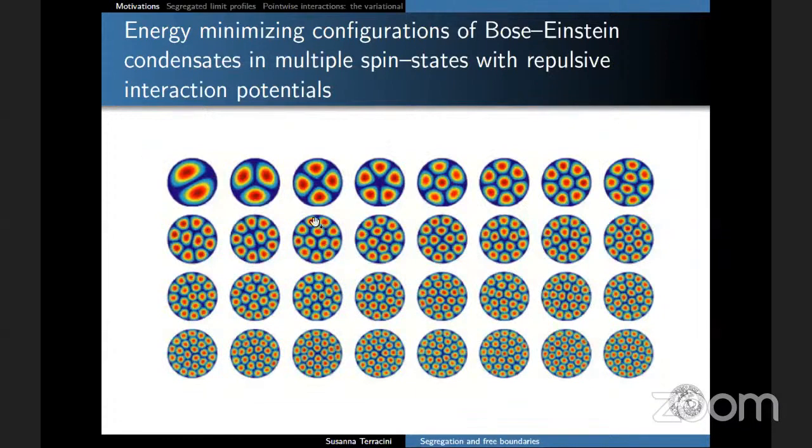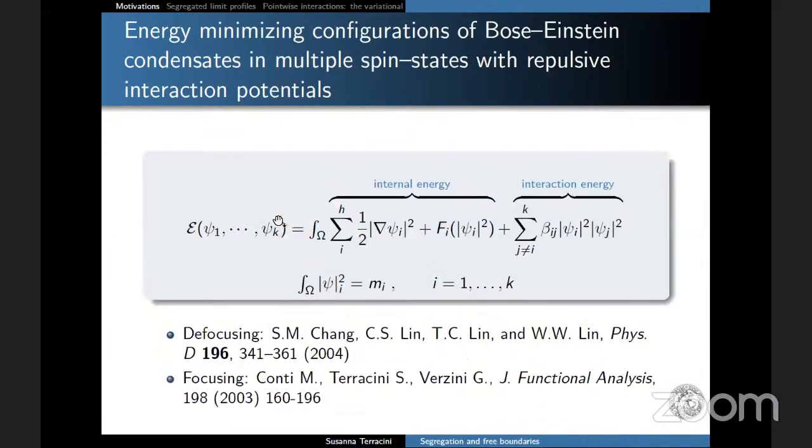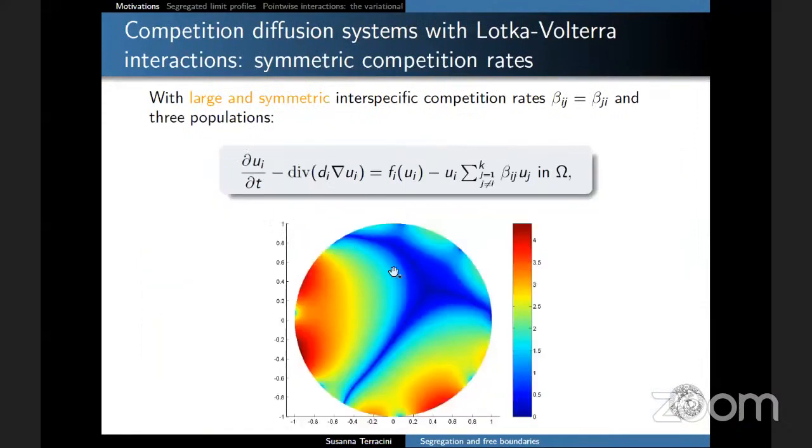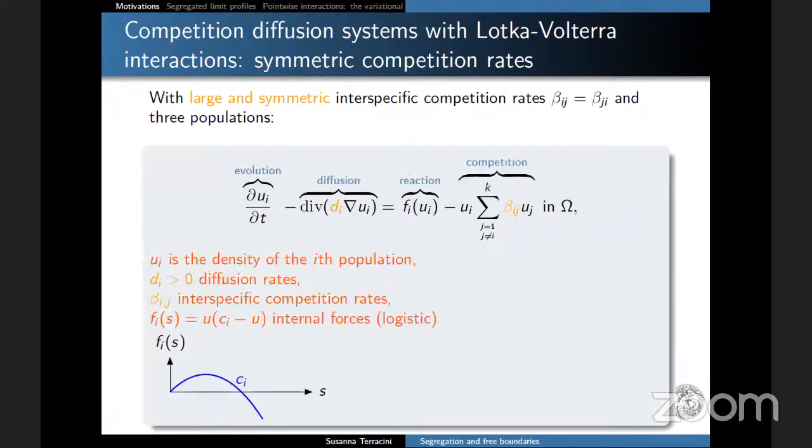In that case, one sees that again, sorry, I didn't discuss the first picture. The first picture is a joint plot of the level sets of the densities u_1, u_2, u_3, and because these competition rates are very large, one sees the creation of an interface, which are the blue lines here, and the structure, the geometry of this interface will be the object of our discussion.